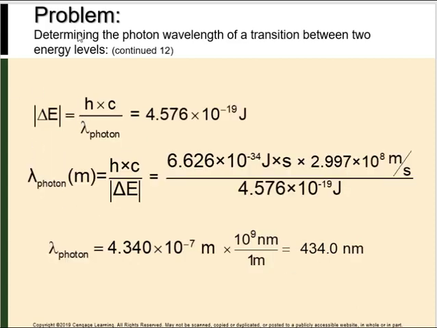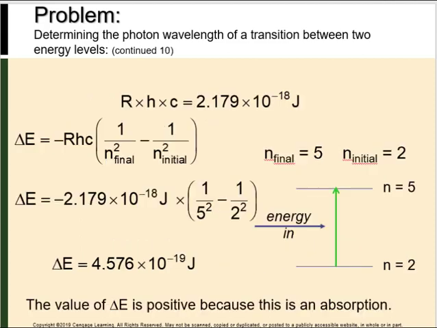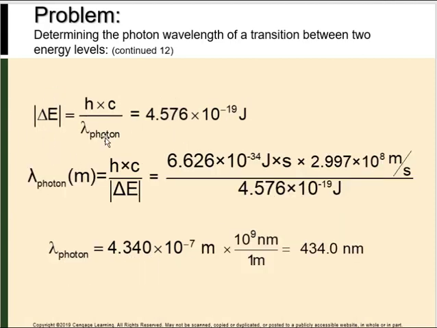If we go one step further, because we need to find the wavelength, we take the E that we calculated on the page before. This E that we found is 4.576 times 10 to the negative 19. We set that equal to h, Planck's constant, times c, the speed of light, all divided by my wavelength, using the equation from the slide before.